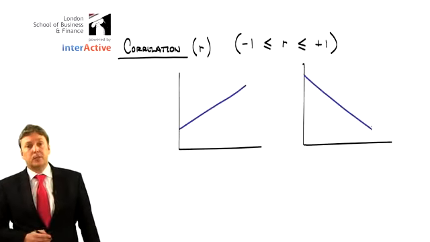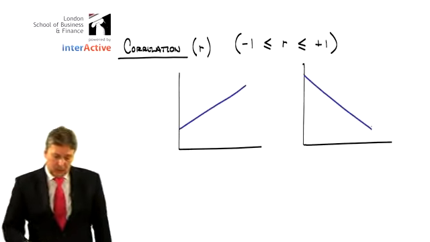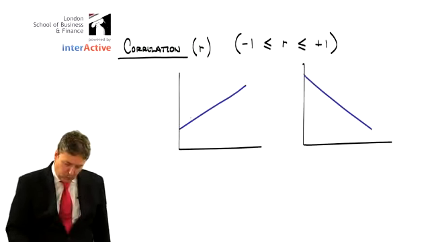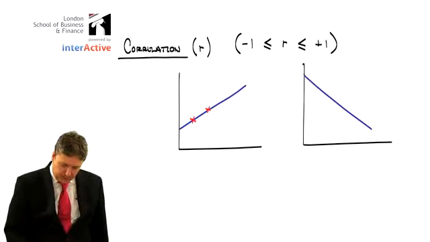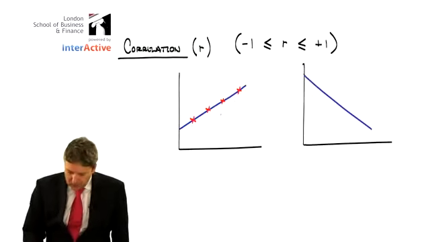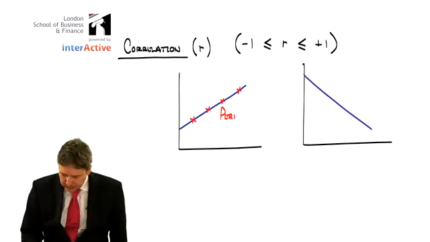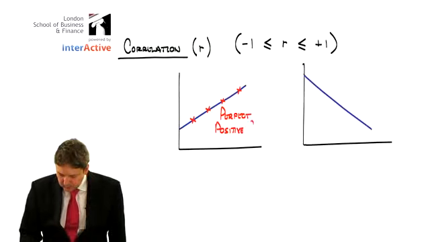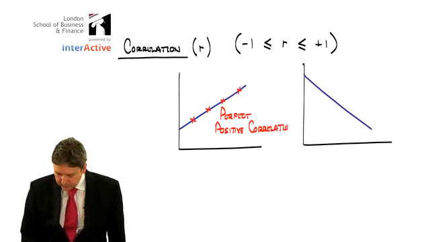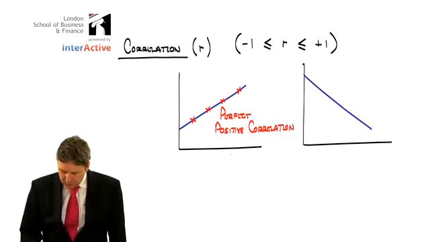Here are 2 lines of best fit. If we have a situation where all of the data falls on the line, we would describe that as perfect positive correlation. That would have a value R equal to +1.